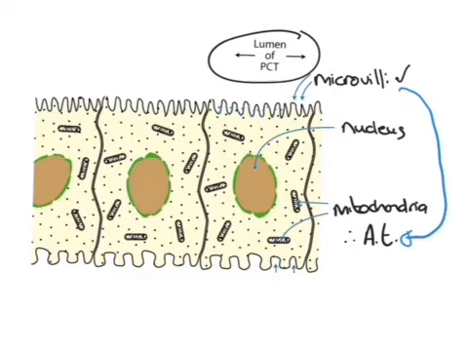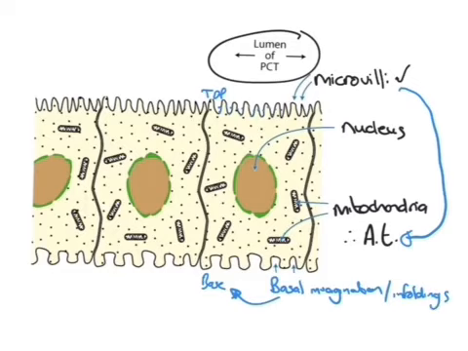Now, weird thing is, this is the top of the cell, and this is the bottom of the cell down here, the base. This is also folded. Sometimes they're known as basal, which just means the bottom of the cell, invaginations or enfoldings. Any idea why the basement membrane would be enfolded? Once again, increased surface area.